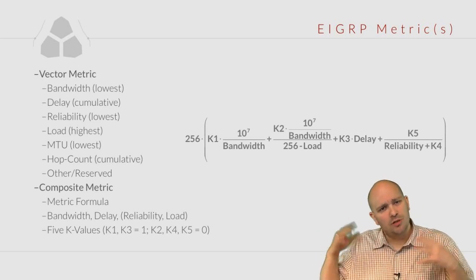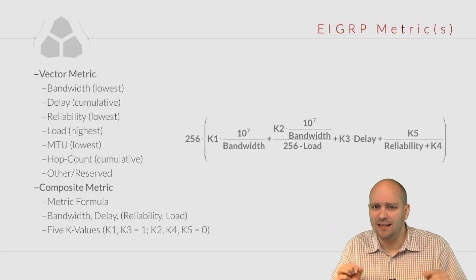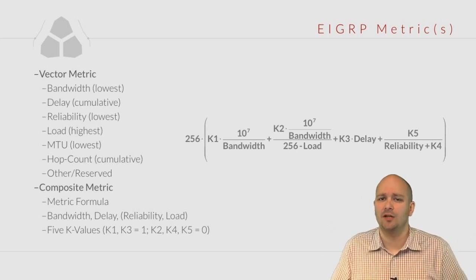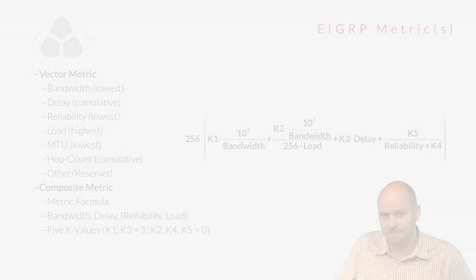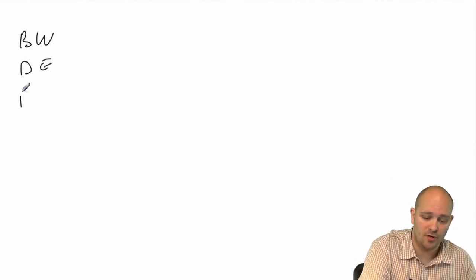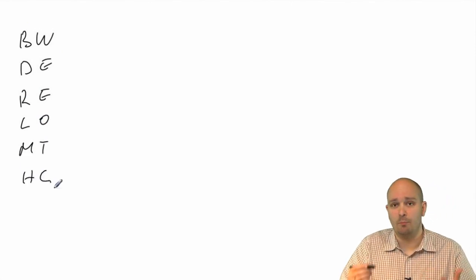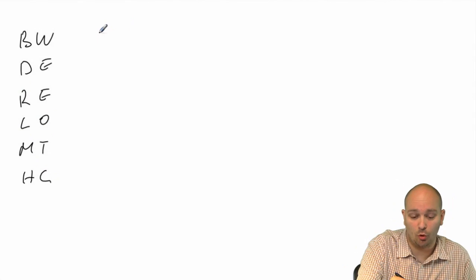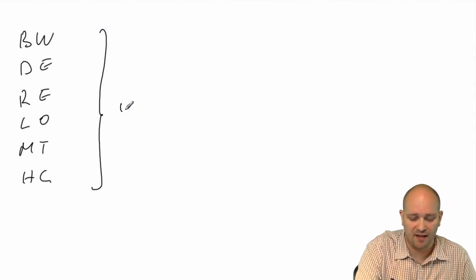So let me present you this same information in a slightly different way so that you can maybe see the relationship between these metrics. We have now learned that EIGRP has bandwidth, delay, reliability, load, MTU, and hop count as parts of what I like to call, or what EIGRP calls, the vector metric.